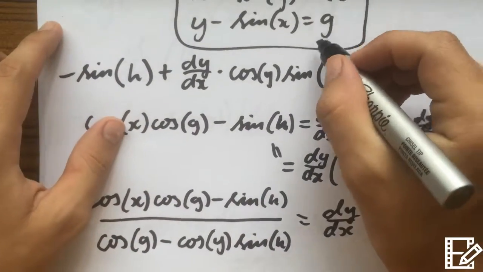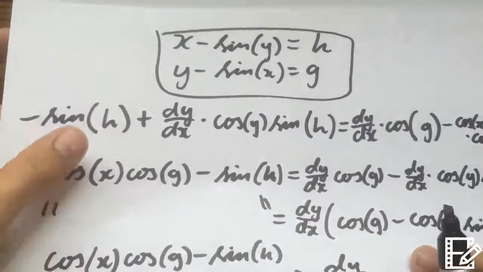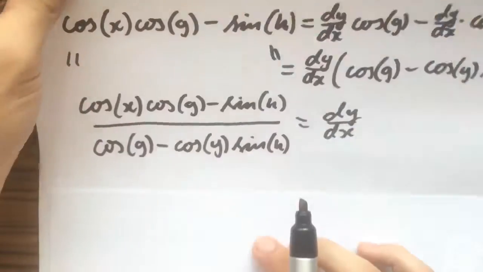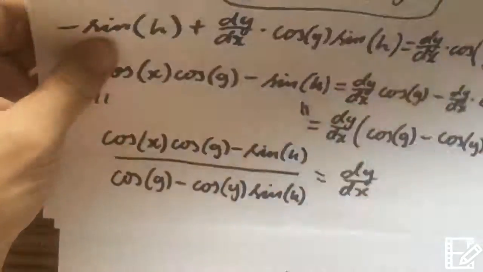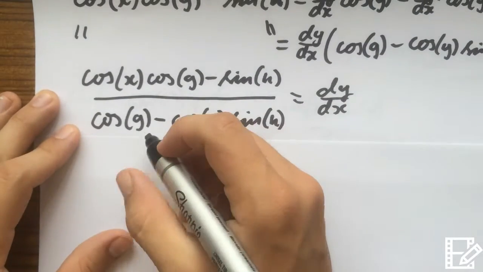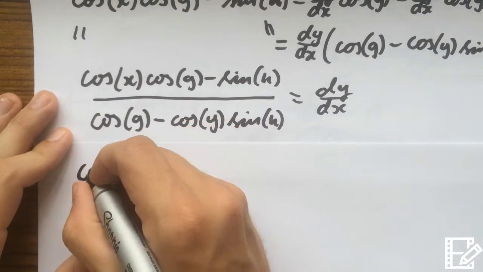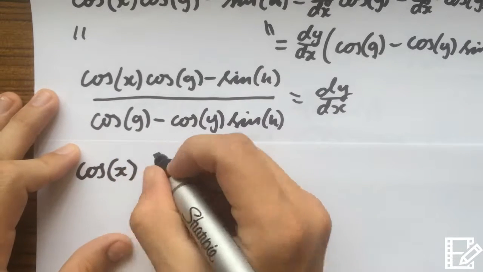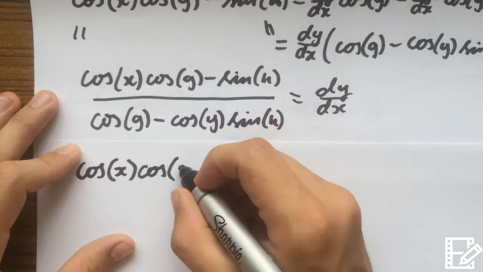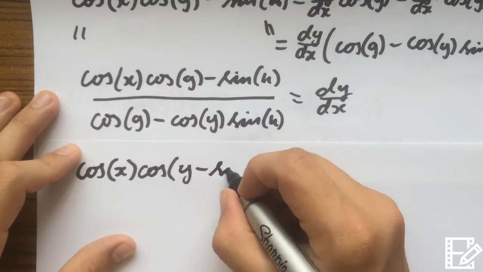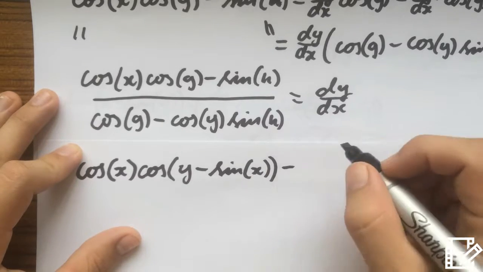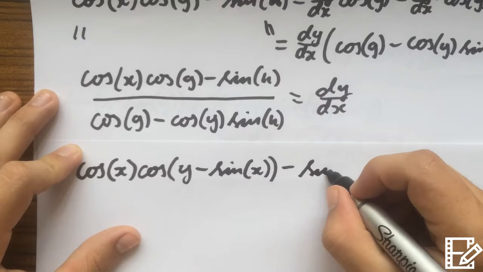I'm going to fill these h's and g's back in. Okay, so we said that it's going to be cos x multiplied by cos of g. We said that g was y minus sine x, and then we have minus sine of h.